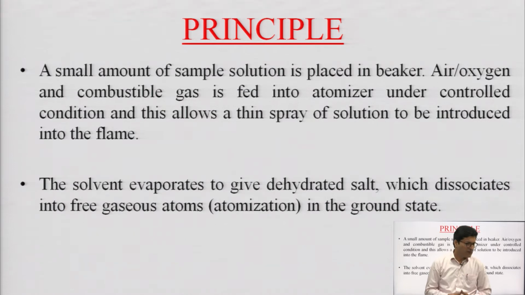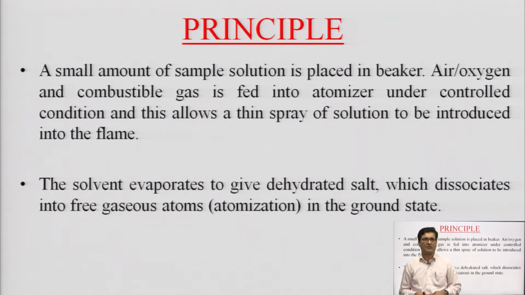So, this is the description of the scheme that we have already discussed, where a small amount of sample is first placed in the beaker, then air, oxygen and combustible gases are fed into the atomizer under controlled pressure, and this allows a thin spray of the solution to be introduced into the flame.